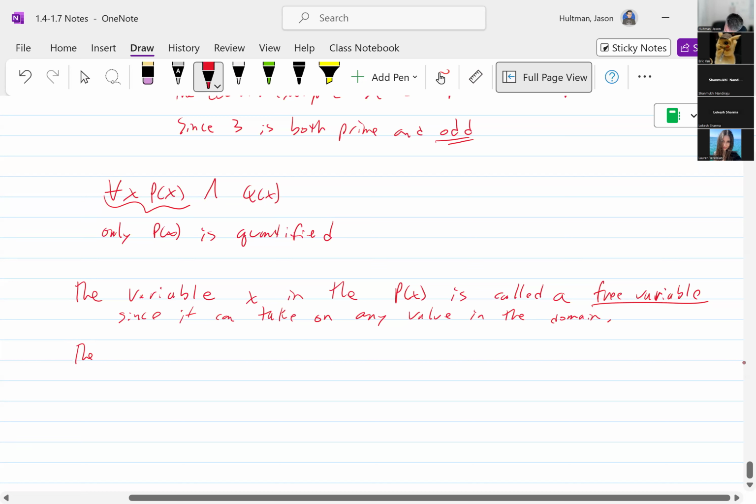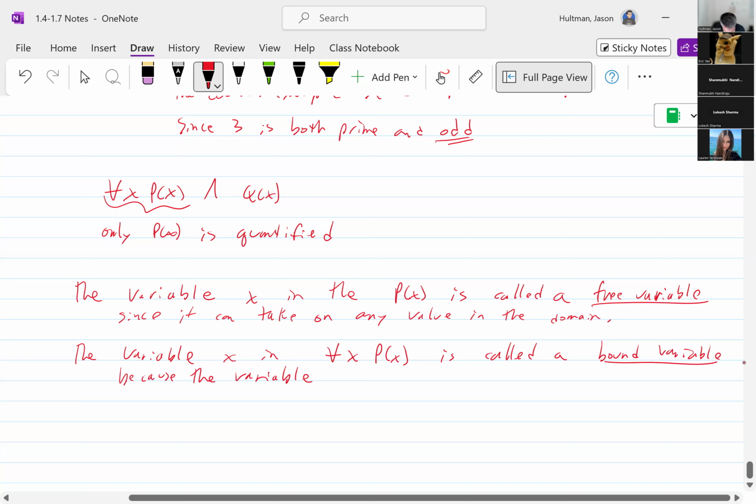Okay, the variable x in for all x p of x is called a bound variable because the variable is bound to a quantifier. It's bound to a quantifier.